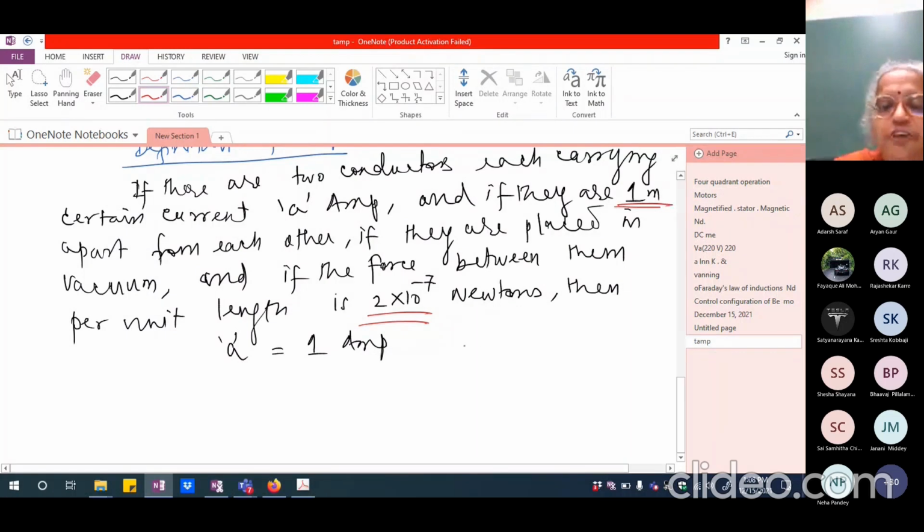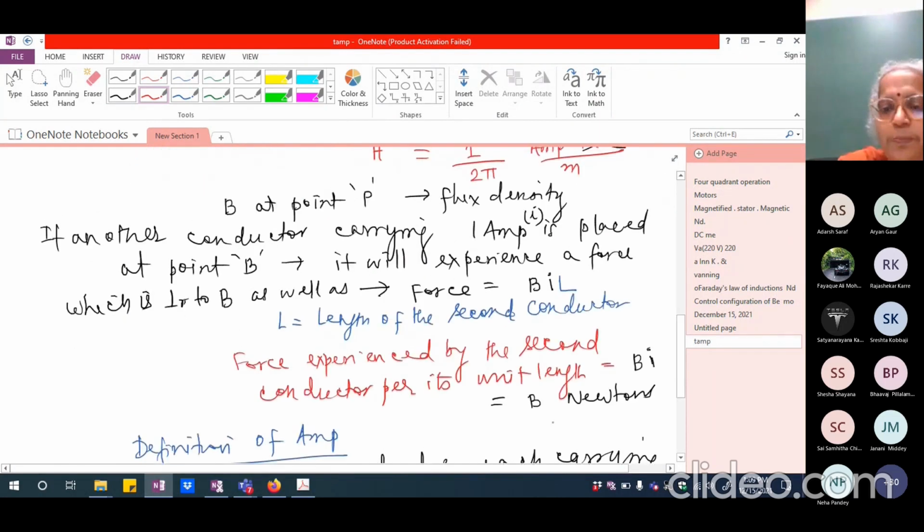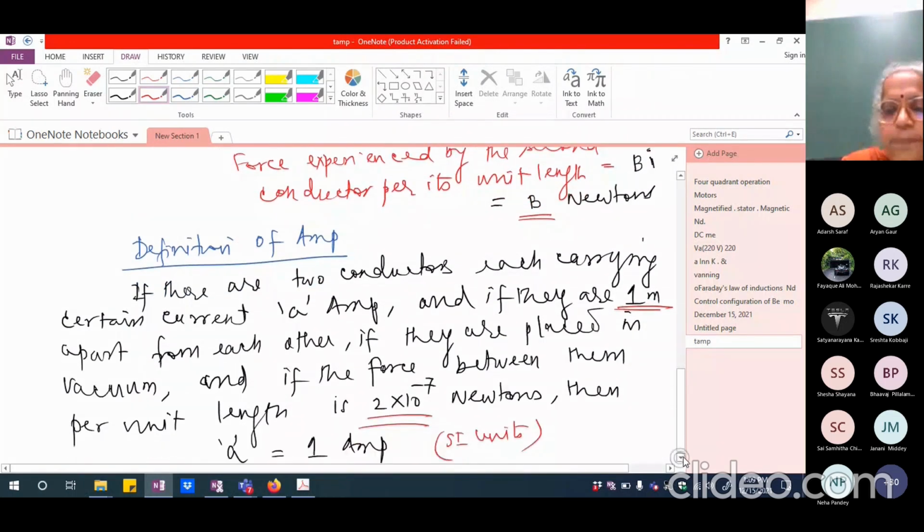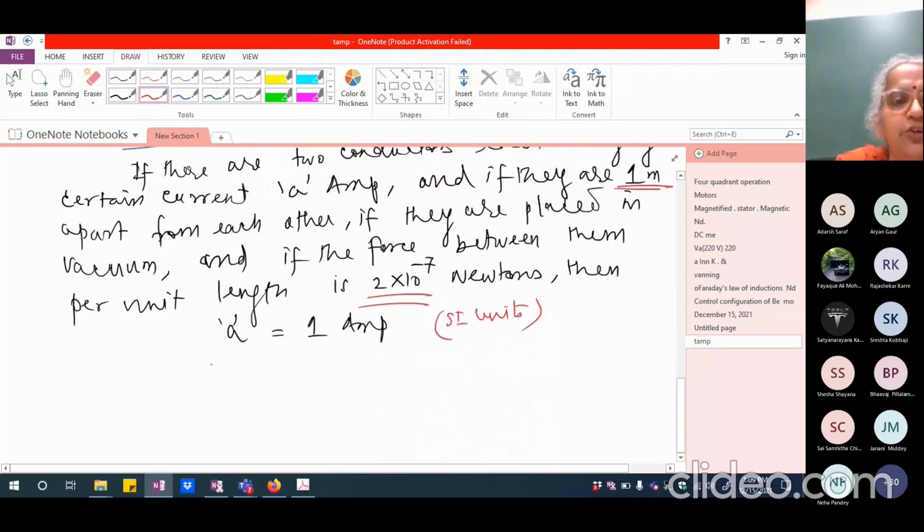This is how SI units define the ampere. Okay, so in which case this B is going to give me basically 2 multiplied by 10 power minus 7 newtons. So in this particular case B is going to be equal to 2 multiplied by 10 power minus 7.